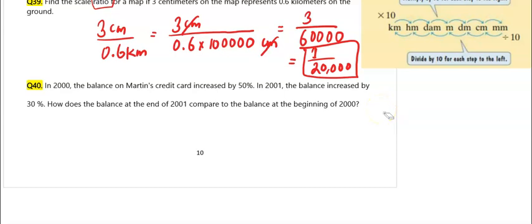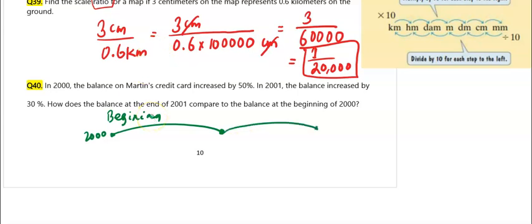So here is the beginning of 2000, and this is the end of 2000, and this is going to be the end of 2001.